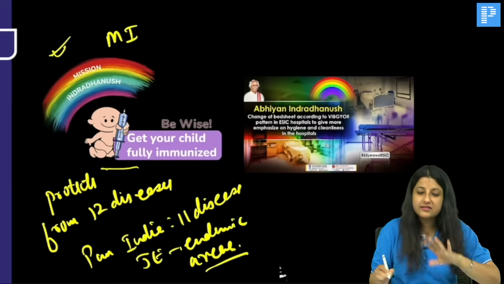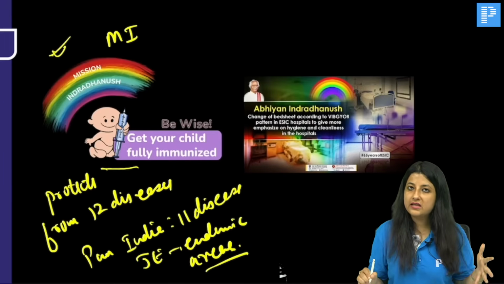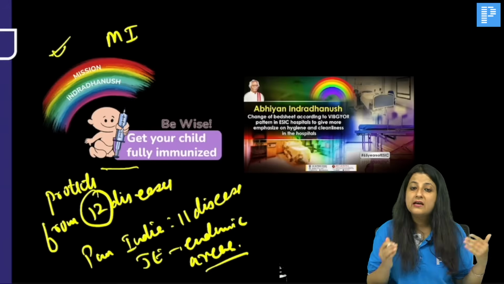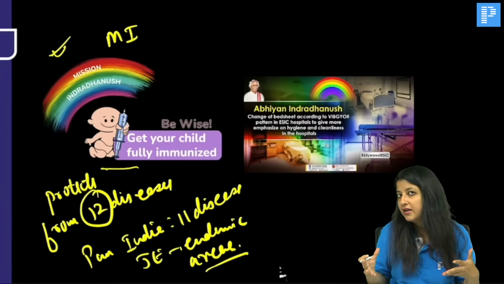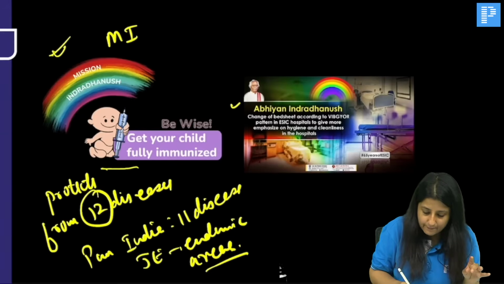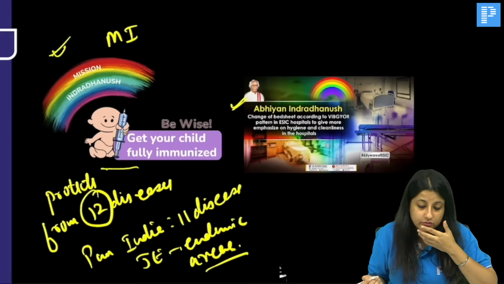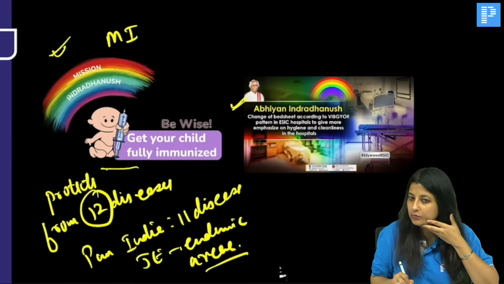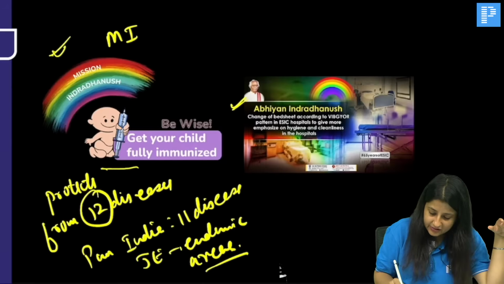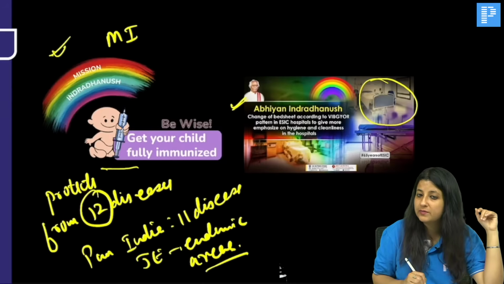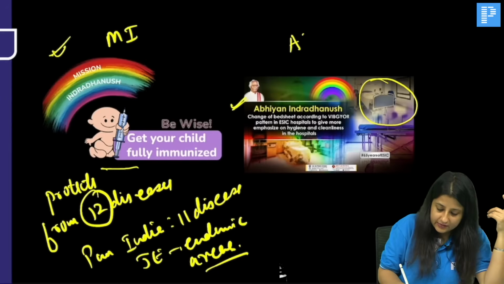But if nothing is written, Mission Indradhanush covers how many diseases? Your answer is 12. Mission Indradhanush ka bhai kaun hai? Similar everything. Abhiyan Indradhanush. That also has the logo of this rainbow, guys. And यहाँ पे क्या है? Instead of the baby, you will have a hospital bed. And what is Abhiyan Indradhanush?